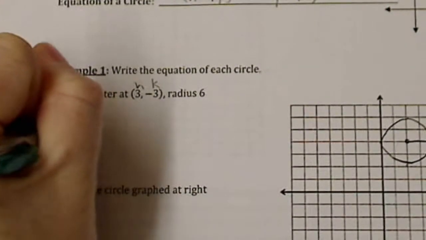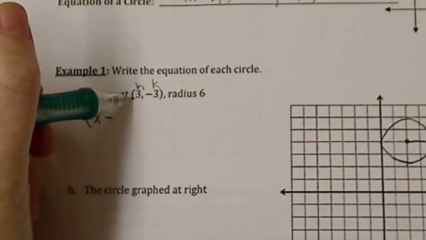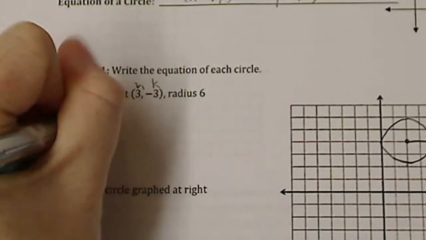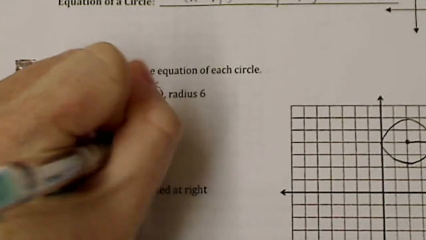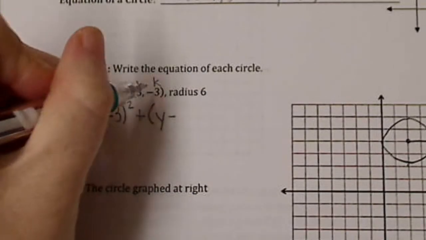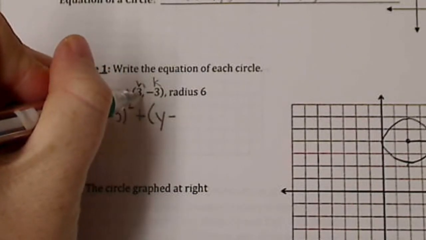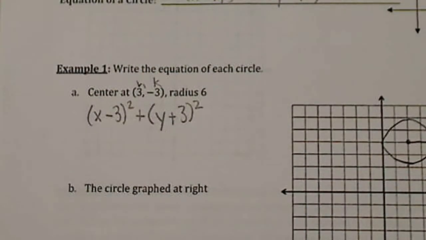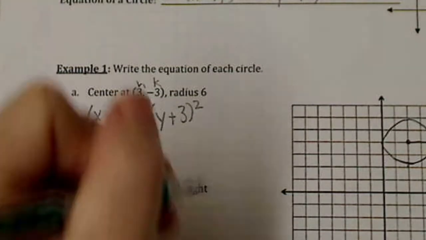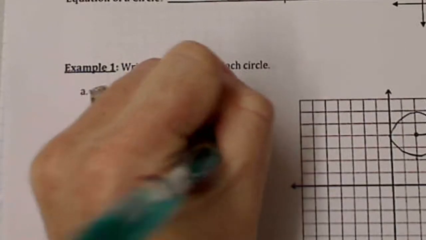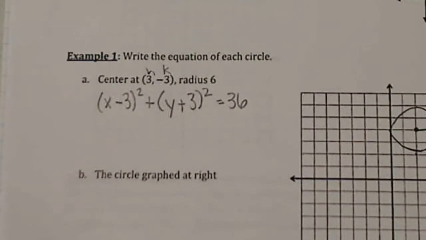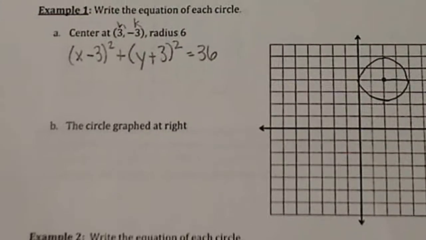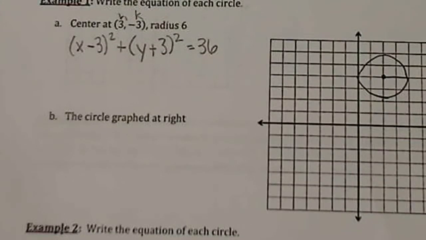Our formula is (x minus h, in this case 3) squared, plus (y minus k). Now since k is negative, negative makes a positive. And then it equals r squared, so 6 squared is 36. There's our equation.